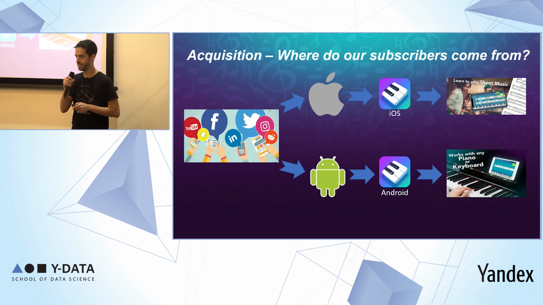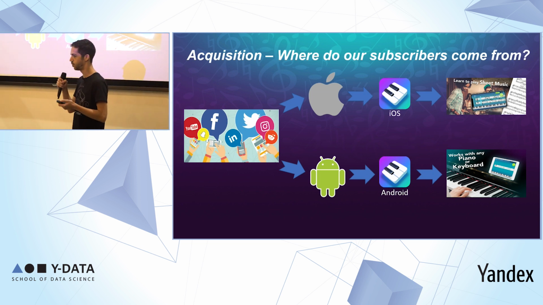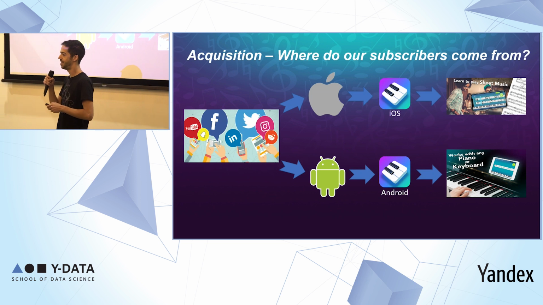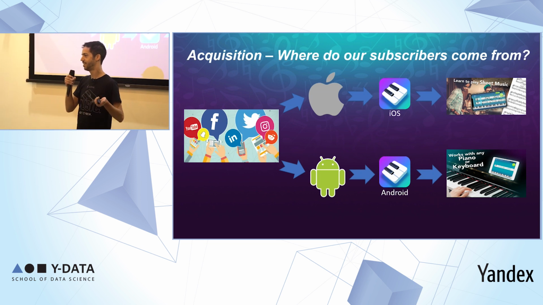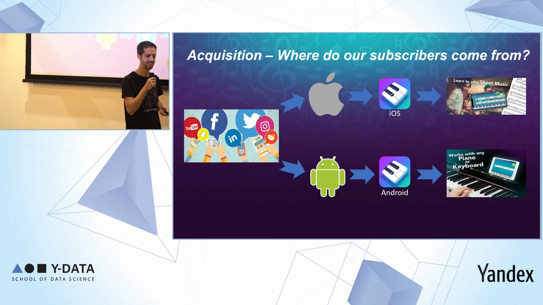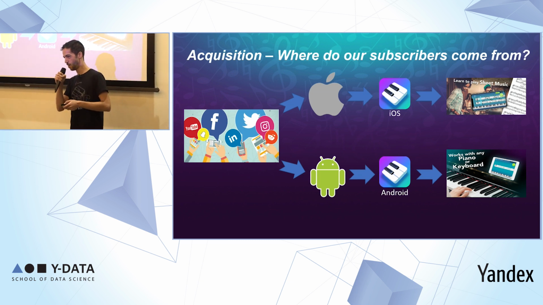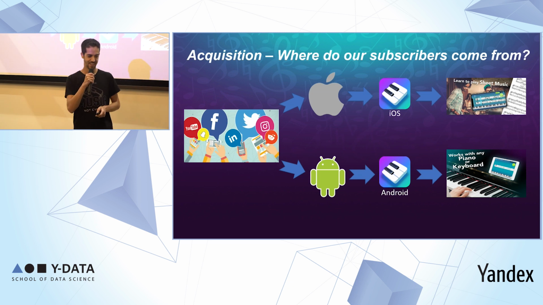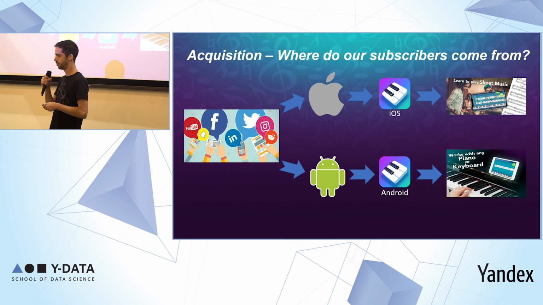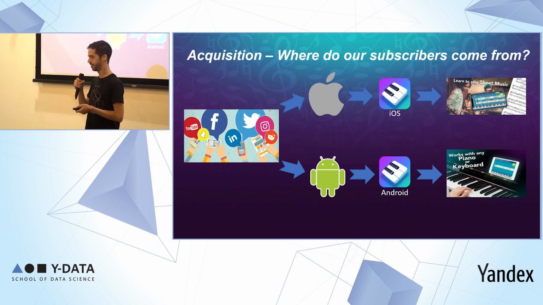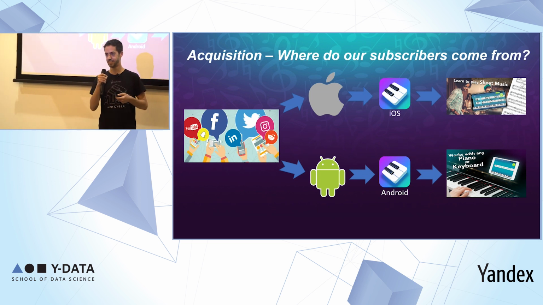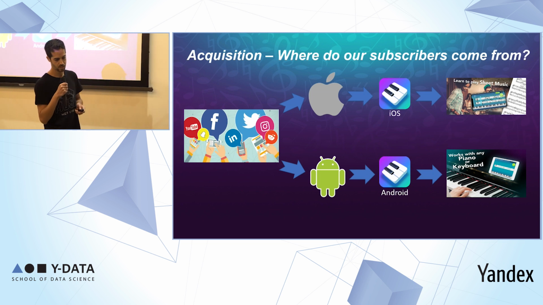So the flow: a potential user sees one of our ads on a specific platform, clicks on the ad, and is redirected to the application store, and you all know where it's going from here. You install the app, open it, and hopefully enter the free trial. And after this, if he decides that this is what he wants, he will subscribe.